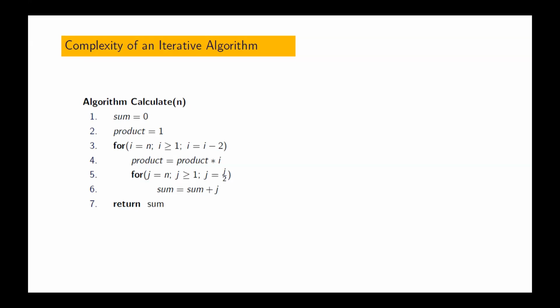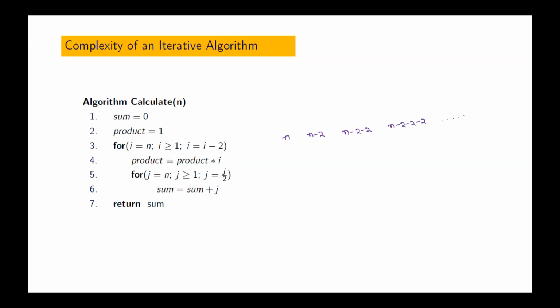So okay, let us see. Here initially n, after that it becomes n minus 2. Next it becomes n minus 2 minus 2. Next it becomes n minus 2 minus 2 minus 2, and so on.